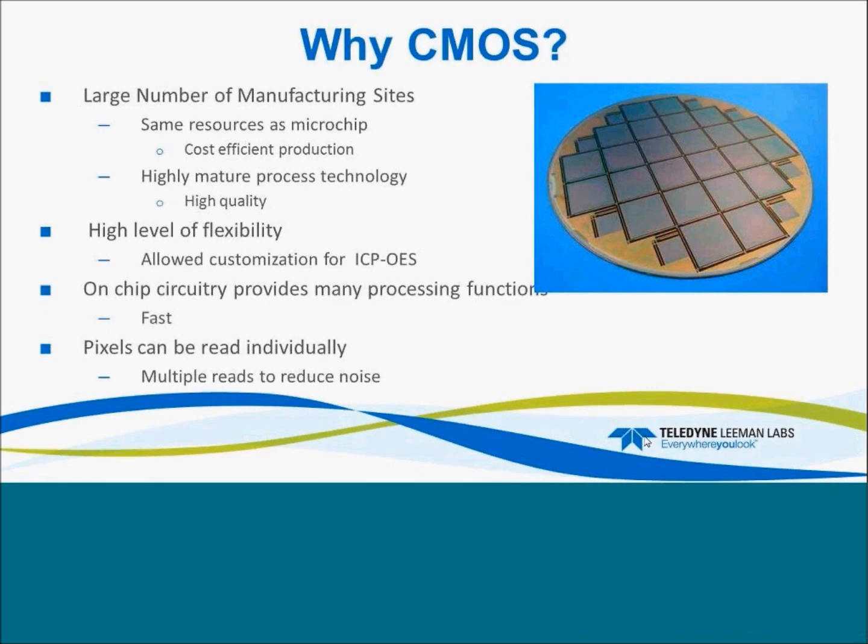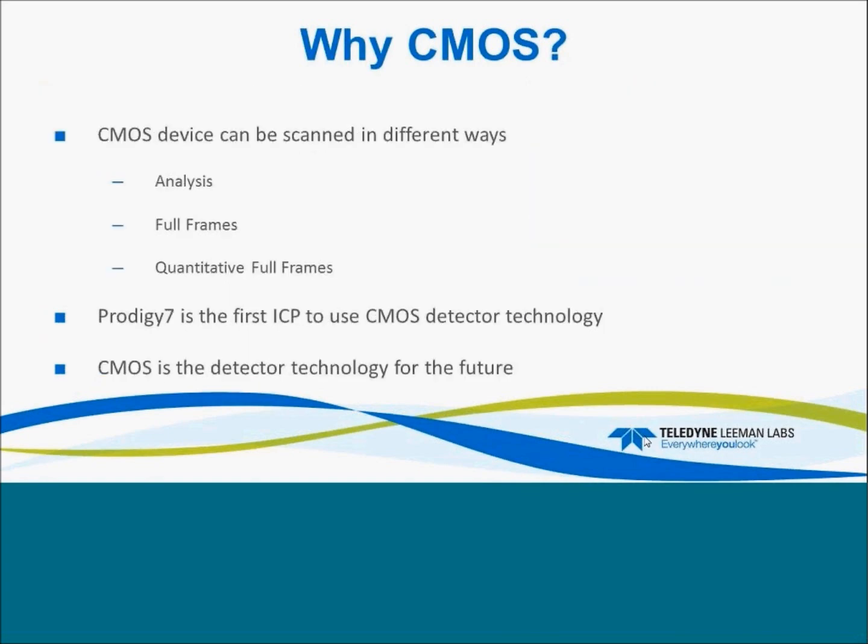So there's a lot more processing technology capability on the device, so it's much faster, and we'll see some evidence of that in a bit. And like the CID, pixels can be read individually, so it has the same capability for non-destructive reads and random access integrations. Okay.